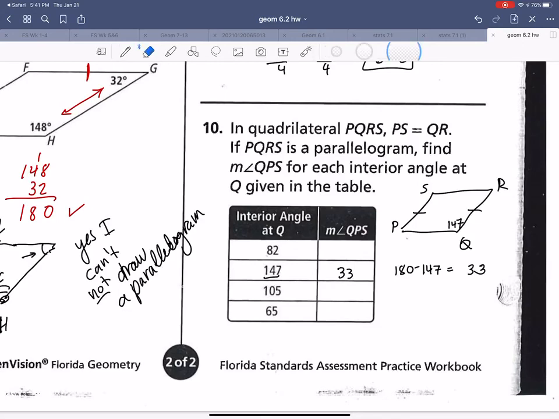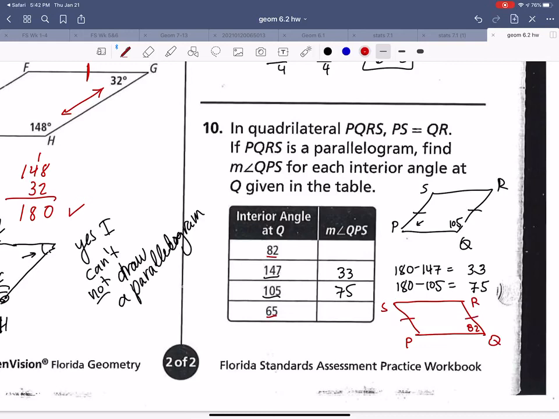All right, if angle Q was 105, then angle P would be 75, right? And now I'm going to switch up the picture because I'm going to make this angle Q acute. So if angle Q was 82, what would angle P be?